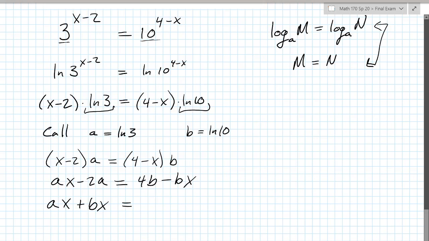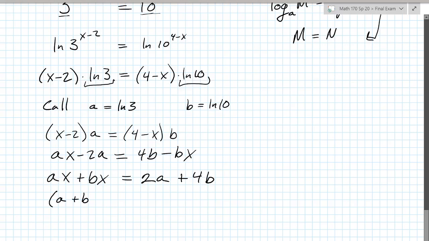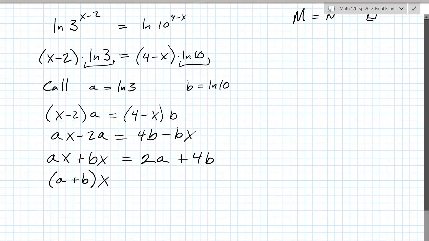Adding 2a to both sides gives us 2a plus 4b on the right-hand side. Now, on the left-hand side, I can combine like terms since they both have common factors of x. Essentially what we're doing is factoring out the x, and we have a plus b, whatever number this is plus whatever number that is. And that is equal to 2a plus 4b.